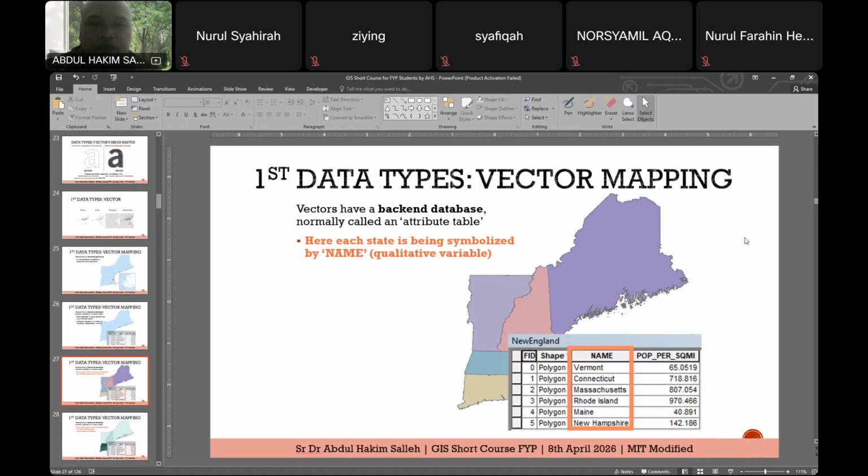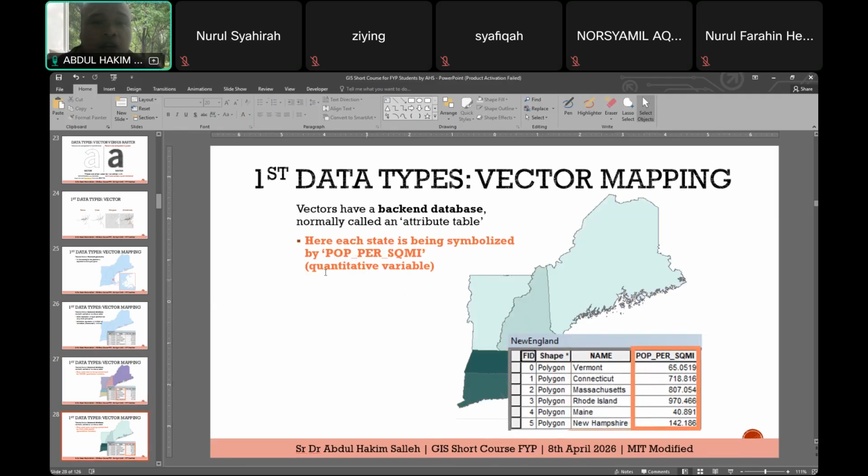Now, here is just the example. The data can be a qualitative variable, meaning something that is not numerical. Okay, anything that is just words, that can be the data, and it also can be quantitative, something that is numerical, like this one, numbers.